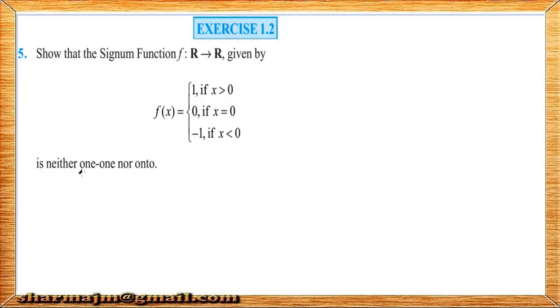So this function is neither 1 1 nor onto. So you see when x is positive, that is x is greater than 0, the value of the function is 1. So for all positive values, say f of 1, then it is 1, f of 2, then the value of the function is 1, f of 3, the value of the function is 1.